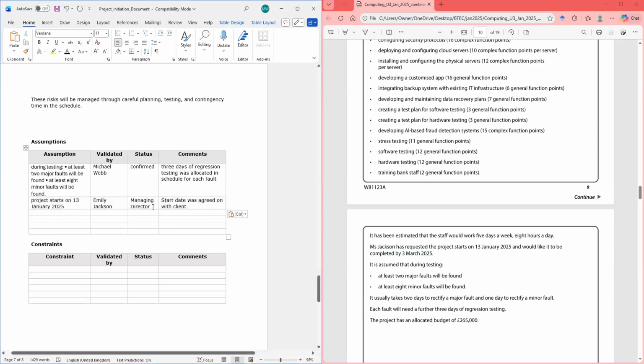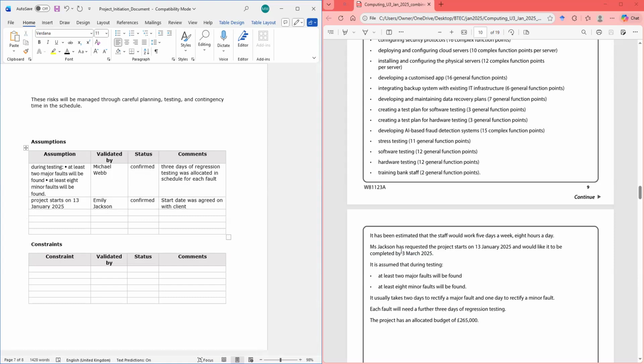However, this was confirmed because it's already agreed on, so it's confirmed. So Emily Jackson is the only person who can come up with the start date and the end date, or the completion date, of the project. She's the only person who can do that.